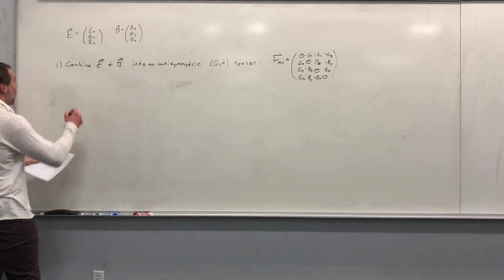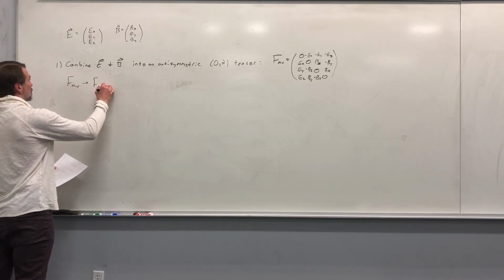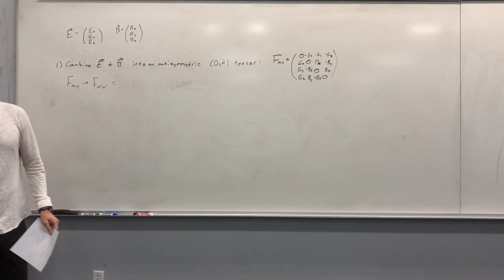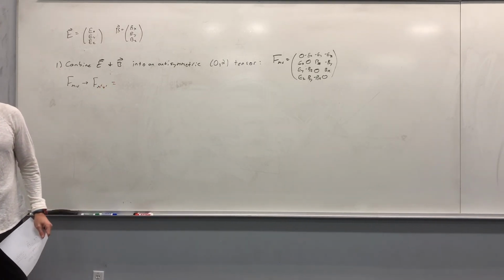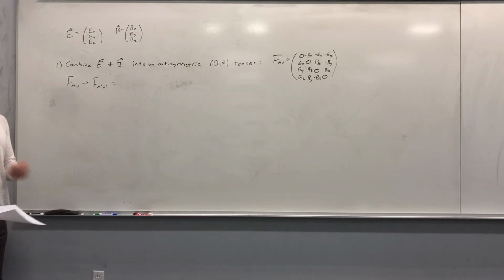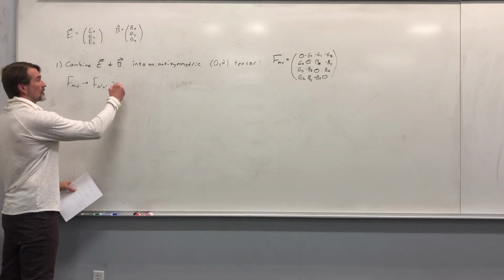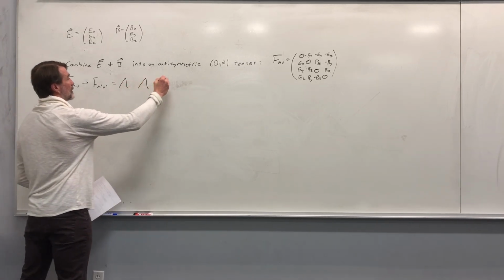Oh, wait. How would this transform if I did a transformation? Oh, PJ. Yeah. How would this thing transform? You need to throw in two rotation or two transformation matrices.